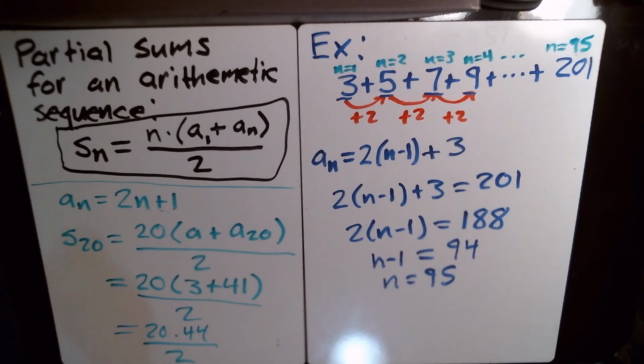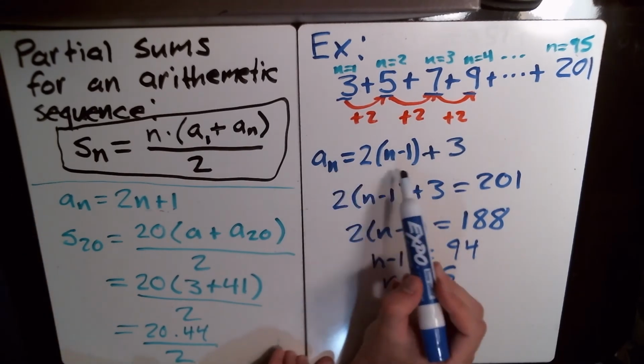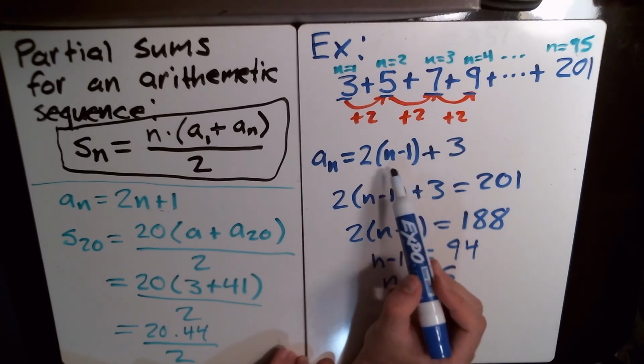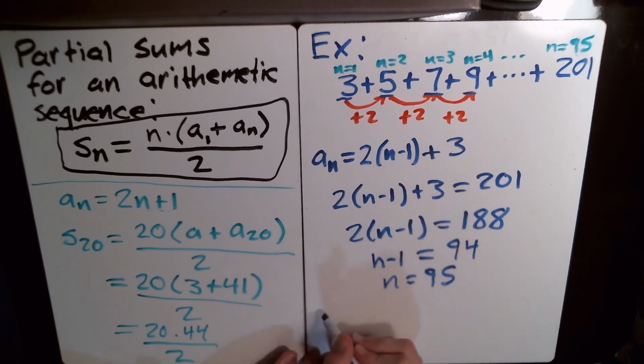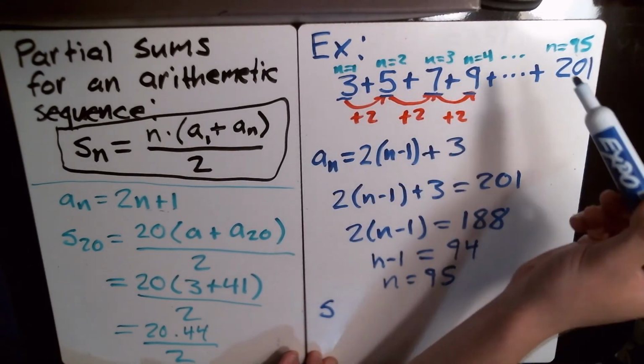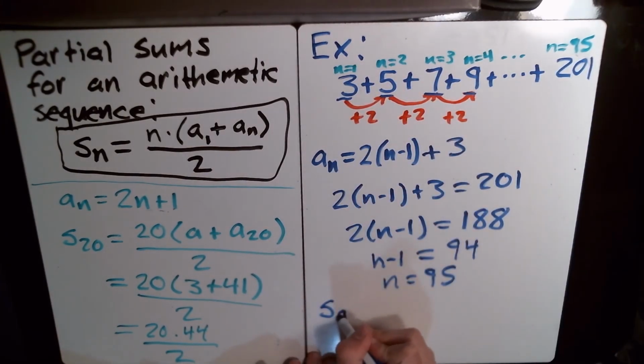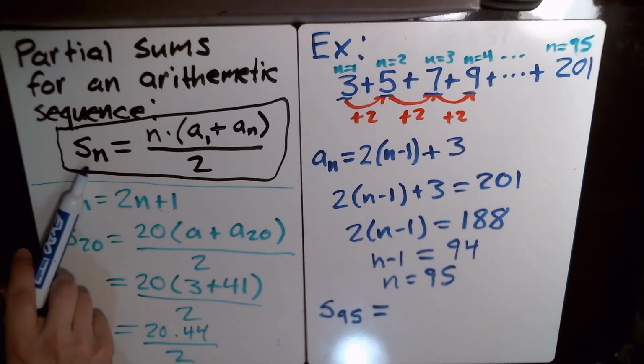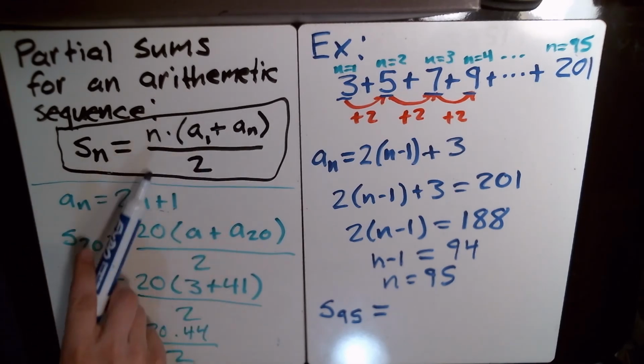So what are we looking for? We're looking for the sequence of partial sums of a sub n when n is equal to 95. We want to add up 95 terms, so I'm doing s of 95. Now we can look at our formula: S sub n was given by this.